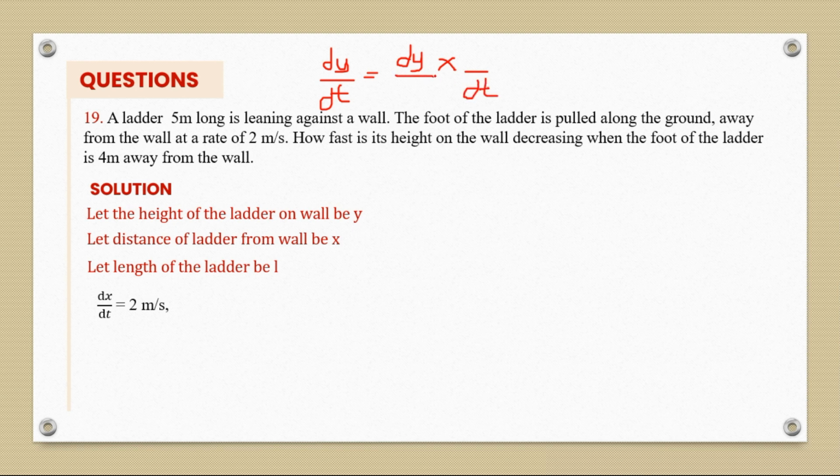We're relating dy to the change of the distance of the ladder from the wall, so we're relating it to x. So this is the formula that we're looking for. We know what dx/dt is, so we're going to look for dy/dx, and that's the important thing. dy/dt is what we need, but we're going to first find dy/dx before we find it.